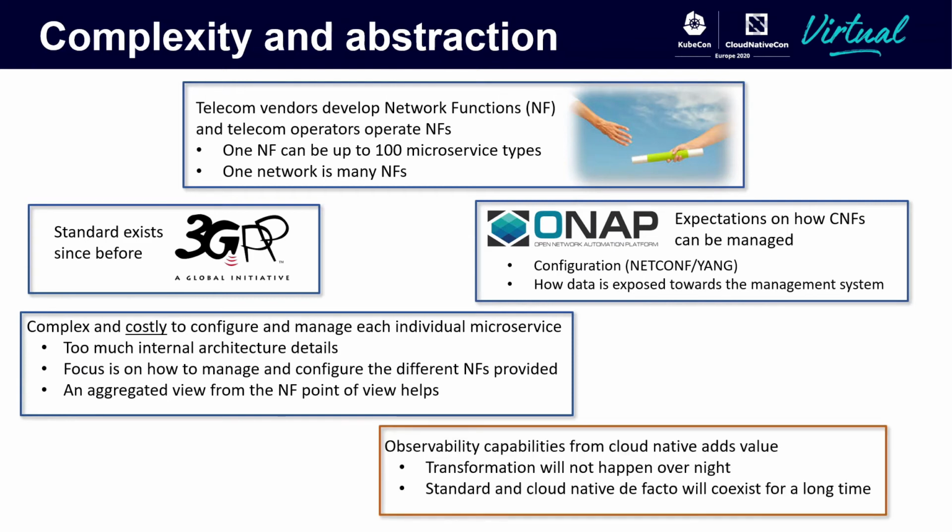Then, of course, looking into the cloud native landscape and CNCF, we see that it adds a lot of value in the kind of observability capabilities that are created within that ecosystem. But of course, we don't see that these existing 3GPP standards would just go away and this transformation would happen overnight. So we really see that existing standards and the cloud native de facto standards that are happening right now will coexist for a long time.